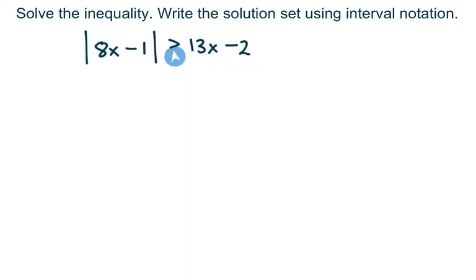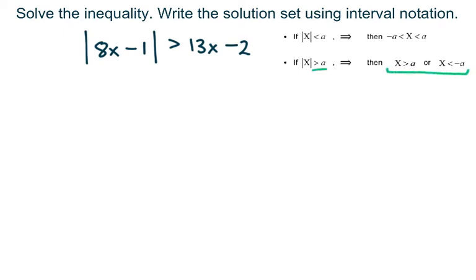So this is a greater than situation. We need to go and recall our rules. Is this an and or an or when we're dealing with greater than? And of course, because we're dealing with greater than, we have this or situation.